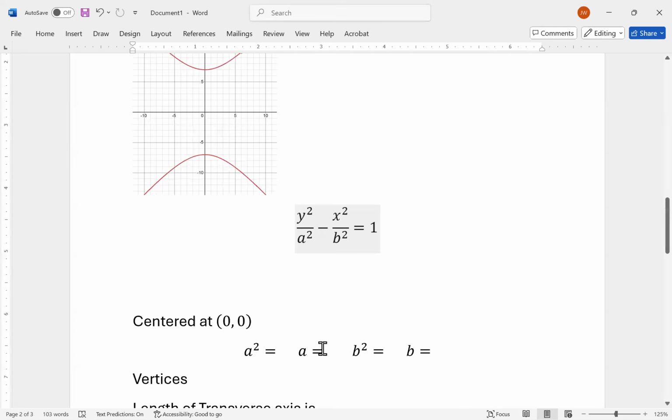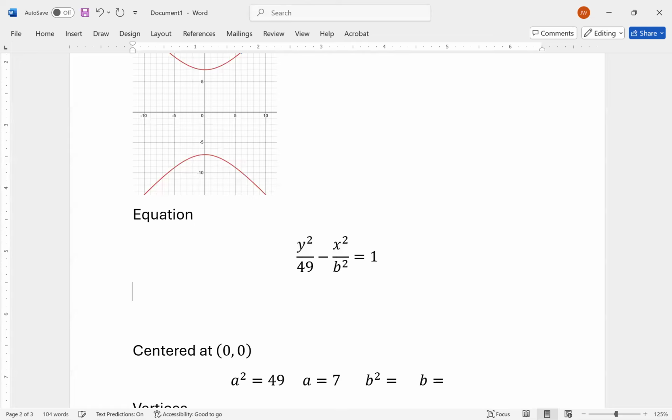So we scroll down and write that a is 7, a squared has to be 49. So the form of the equation is going to be y squared over 49 minus x squared over b squared is equal to 1. Again, we see that it's centered at the origin, so I know I have that as my standard form of the equation.